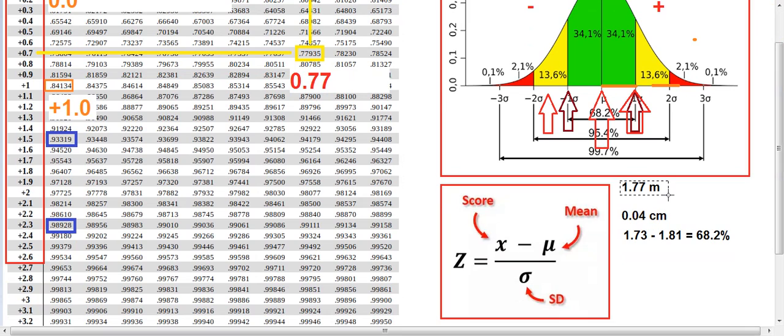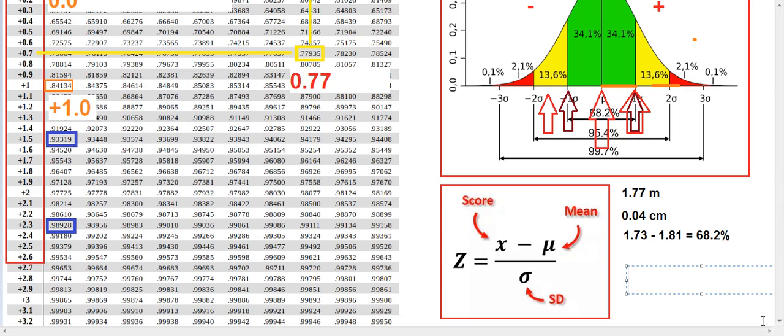Alright. Now when we have this situation, what's going to be the probability to find someone that has the height of 1.83, just to be different, to 1.90 meters?